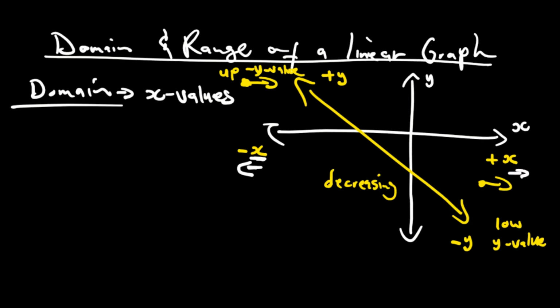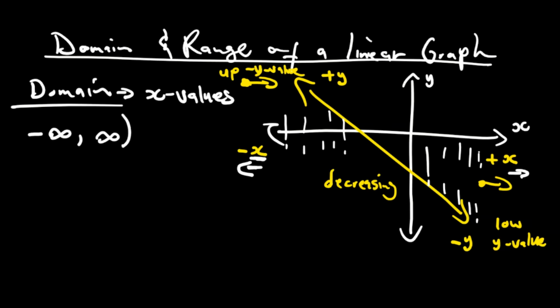So to identify the values of x, we're going to say that the x values come from a negative infinity, because we can't identify the specific number of the x at which this function begins from. So it's negative infinity to a positive infinity, because we can't identify where this function will end. So to a positive infinity, and then you're going to put your brackets like that. Or you can simply say x is the element of real numbers, which is the same thing.